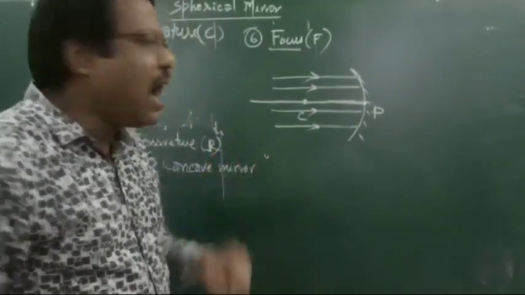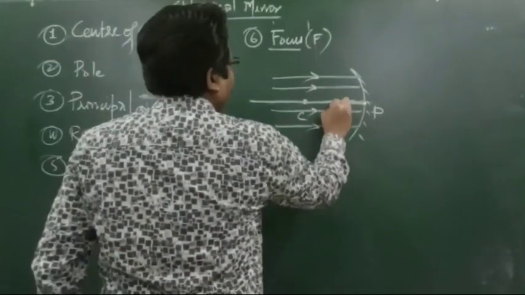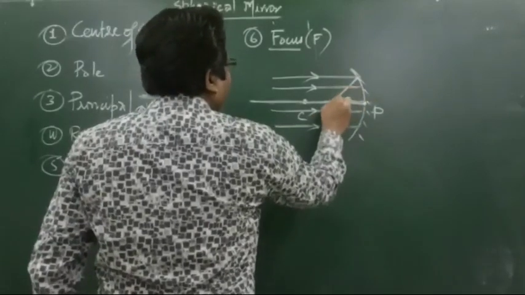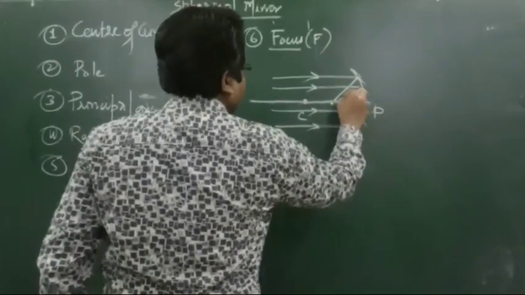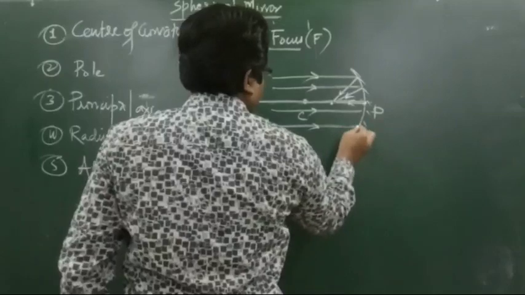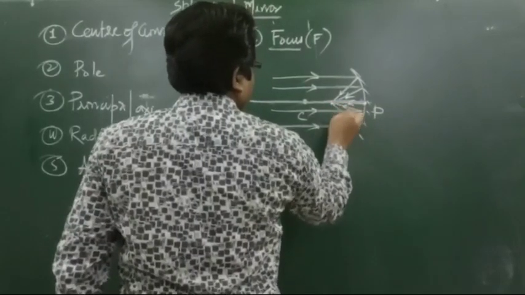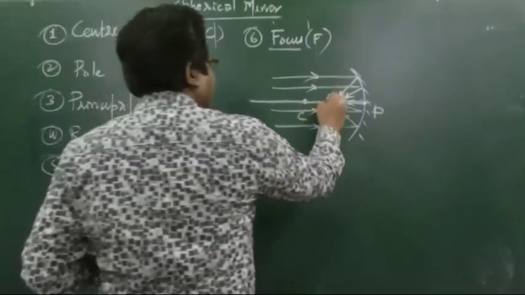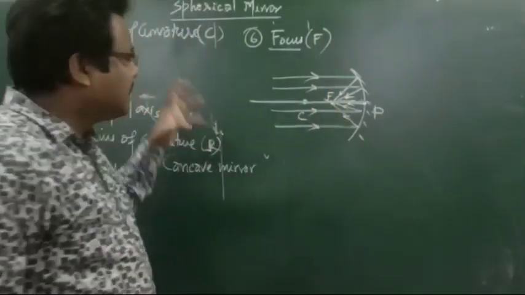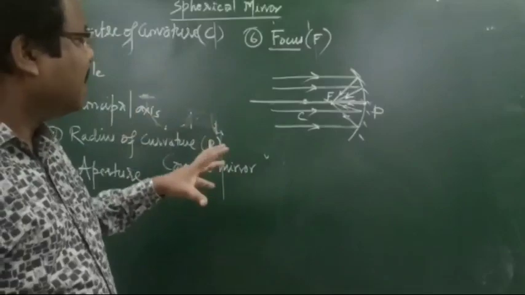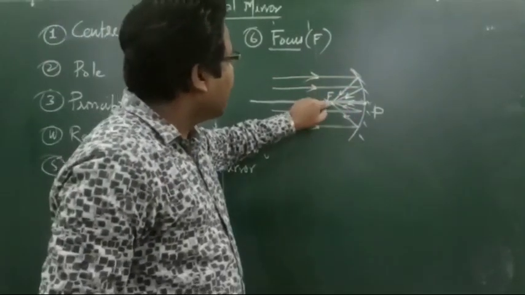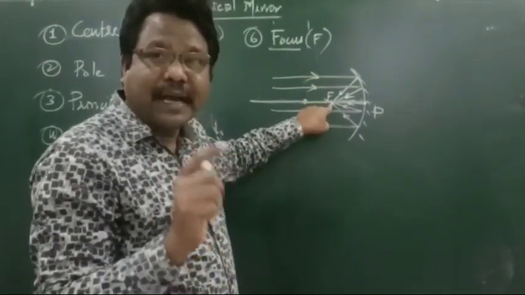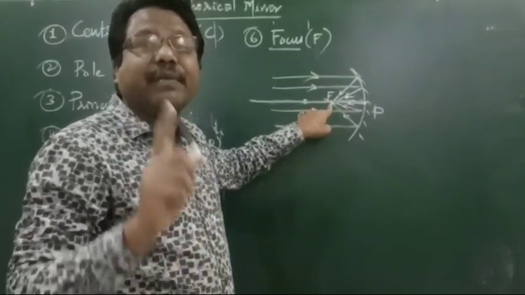After reflection, you will get a point where all of these rays converge. All the rays incident parallel to the principal axis converge at a single point, and that point is called the principal focus.